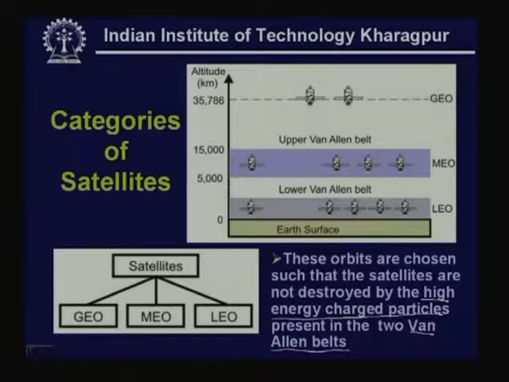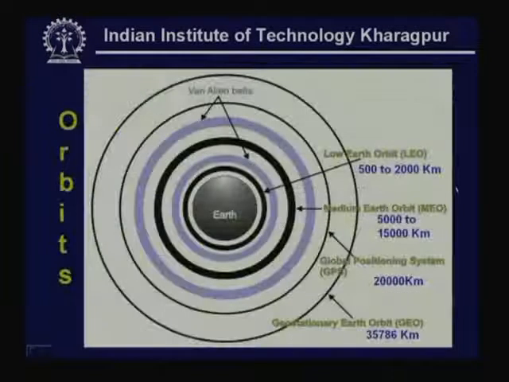For example, the low earth orbits, I shall show you another diagram which will give you a better picture. For example, this is the earth, and the low earth orbit, LEO, satellites are positioned between 500 to 2000 kilometer. As you can see, this is the orbit.